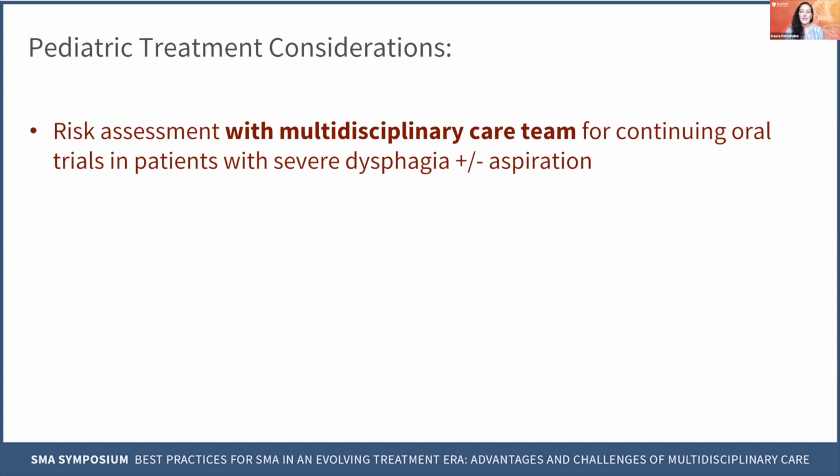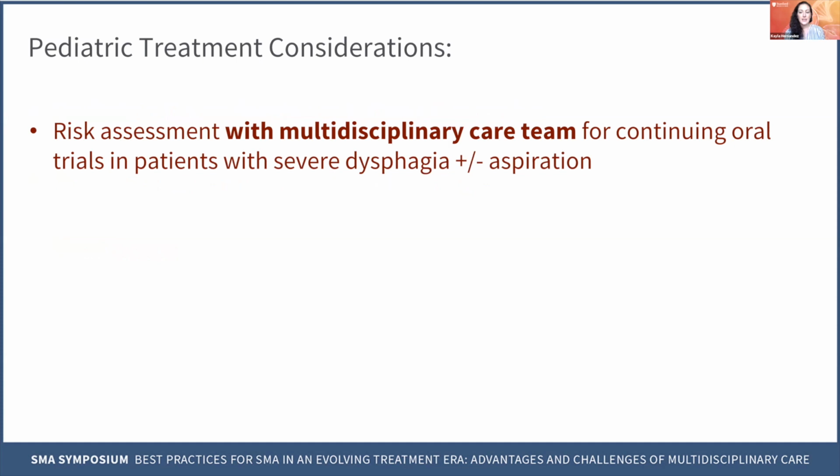So during yesterday's breakout session, we talked about assessment of swallow function and the high rates of aspiration in patients with type 1 SMA. After the assessment is complete, if severe dysphagia and aspiration is identified, it's going to be really important to complete a risk assessment with the multidisciplinary care team to determine if proceeding with any oral trials should be a part of the patient's care plan.